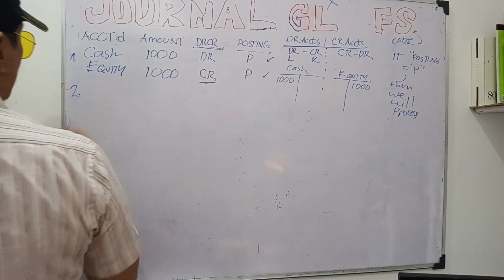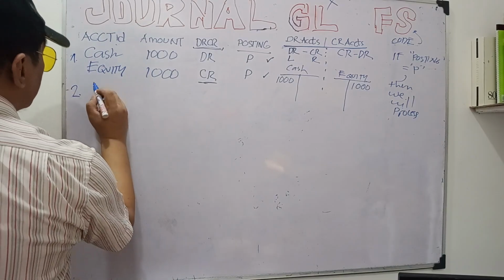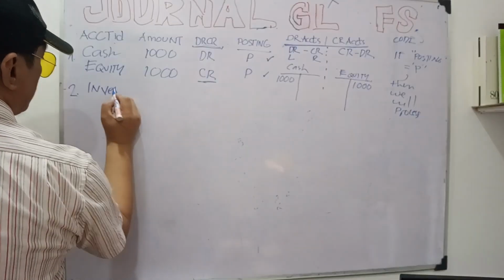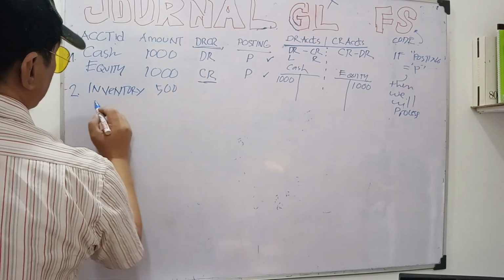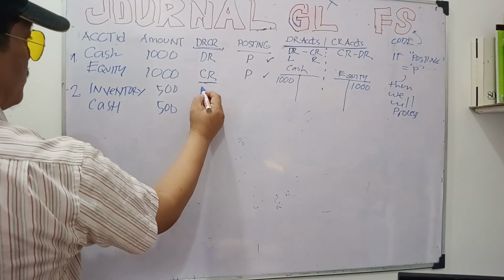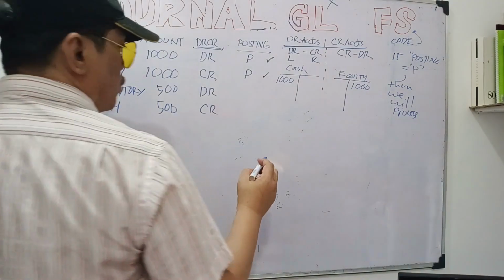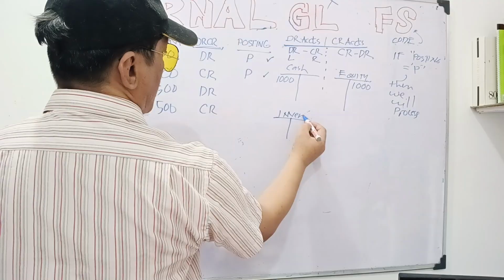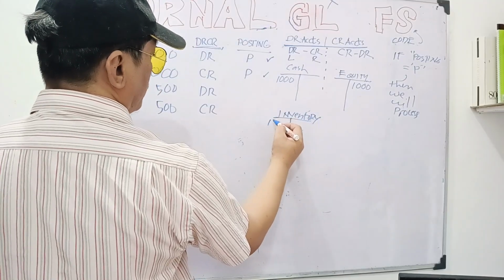The second one would be, for example, the business already bought inventory for sale. So inventory for, let's say, 500, and it paid 500 as well, right? So debit, credit. We have now a new account here, inventory, and of course it's a debit account because it's an asset.